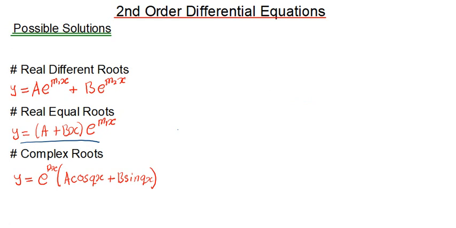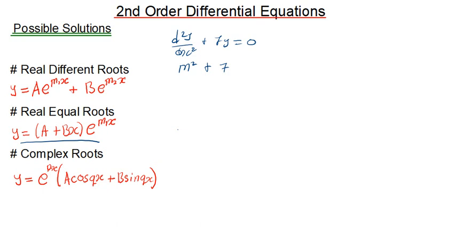So let's say we have d2y dx2 plus 7y is equal to 0. So this is simply m squared plus 7, just plus 7, because we get m from dy dx.